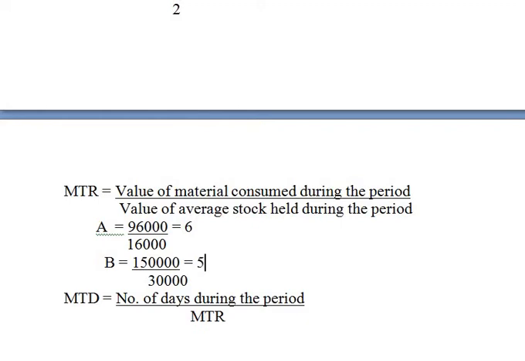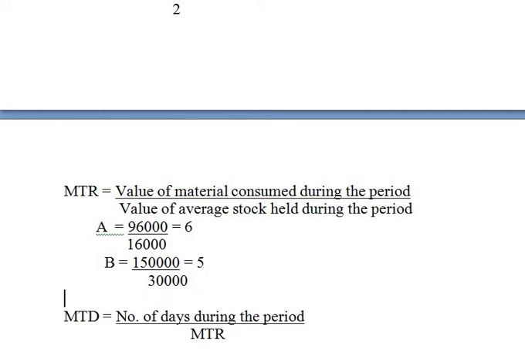Now we need to write the conclusion. We have to see which is fast moving and which is slow moving. Material A is fast moving than material B, as its material turnover ratio is higher than the material turnover ratio of material B. Understood?